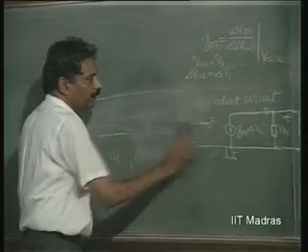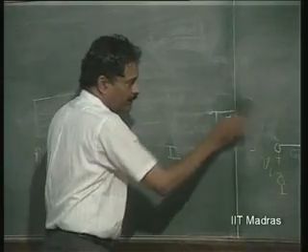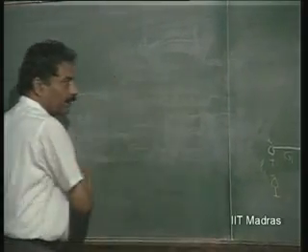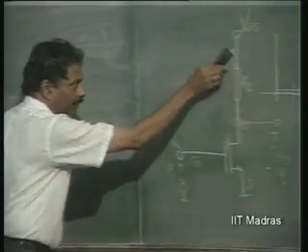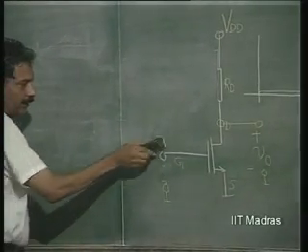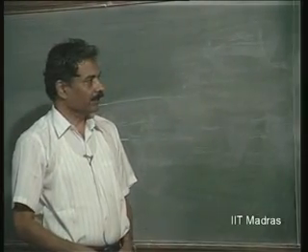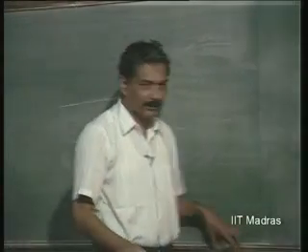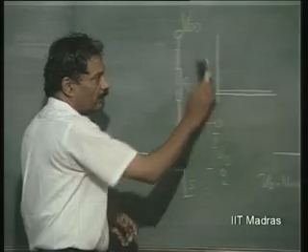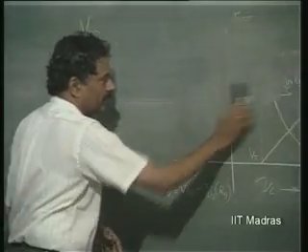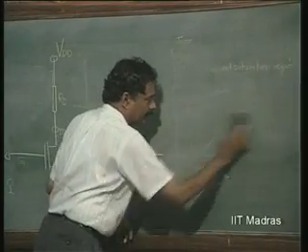Now we will see how the biasing arrangement is also similar to that of a bipolar junction transistor. I have to bias this at a certain voltage called VGSQ, otherwise it is not possible to operate this.